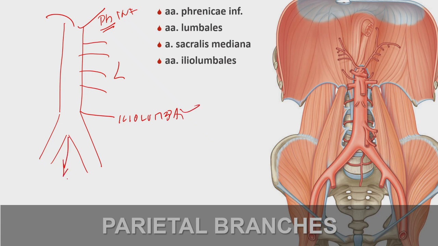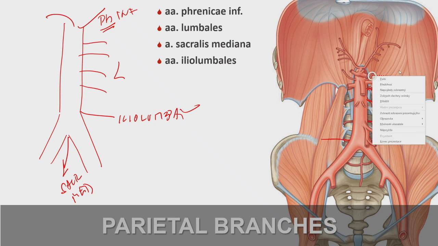And the last one is sacralis mediana. So you can see here 1, 2, 3, 4, and probably 1 here more. Those lumbar arteries are supplying the wall of the abdomen.